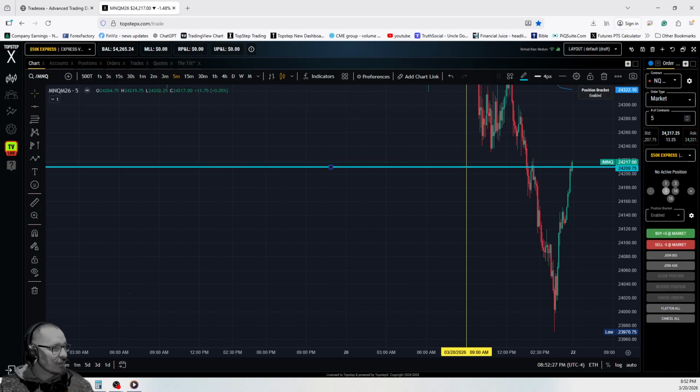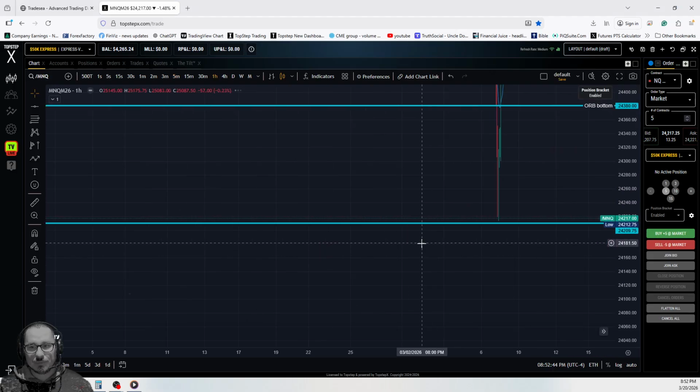As a matter of fact, I could look to my left, I have my other chart open here. It was at 10:48 a.m. and I was aiming for 209. Let's go back to 209.